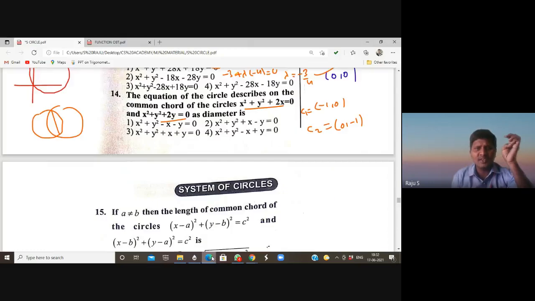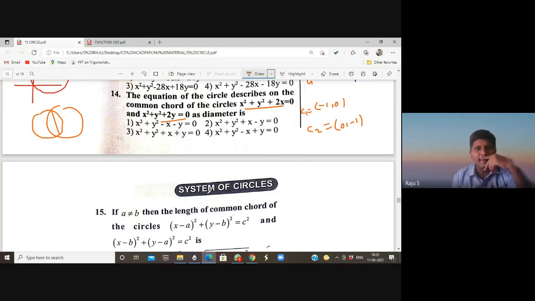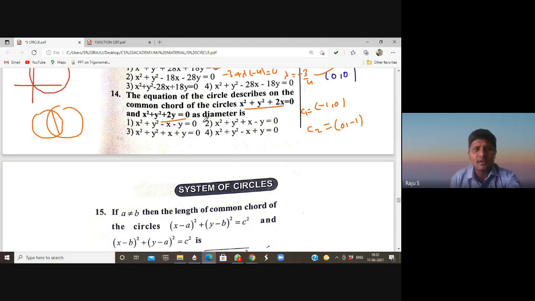Option verification. Students, minus 1 by 2, minus 1 by 2 is the center of which equation? Which of the following options is correct? Take it once, fast. The center is minus 1 by 2, minus 1 by 2, which means in general form we are getting both will be plus.